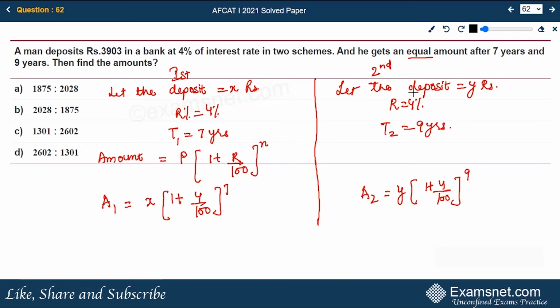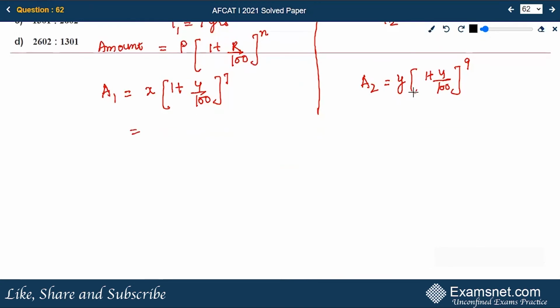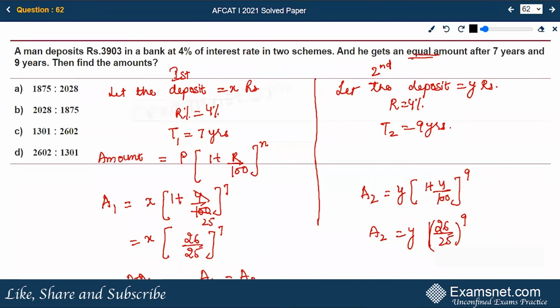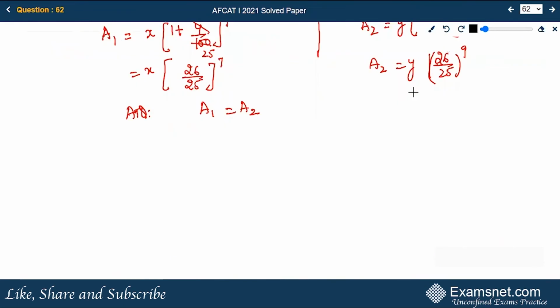So now they will cancel at 25. So this will be 26 upon 25 raised to power 7, and A2 will be y into 26 upon 25 raised to the power 9. According to question, A1 is equal to A2 because he said that he will receive equal amounts after 7 and 9 years.